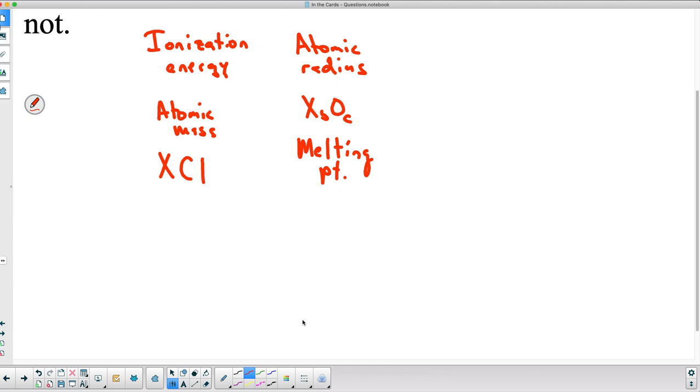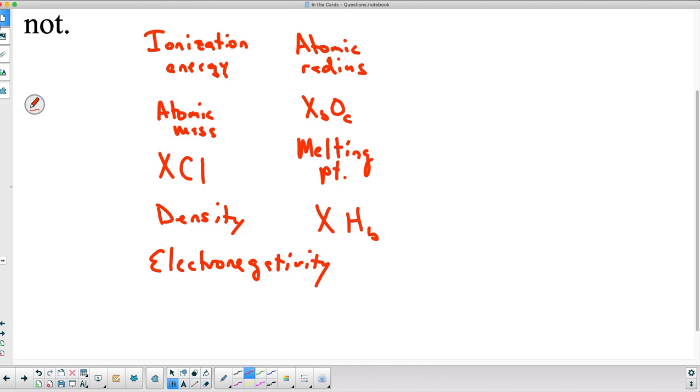Below formula of chloride is density. You should know what that is. After that is formula of a hydride. And below density is electronegativity.